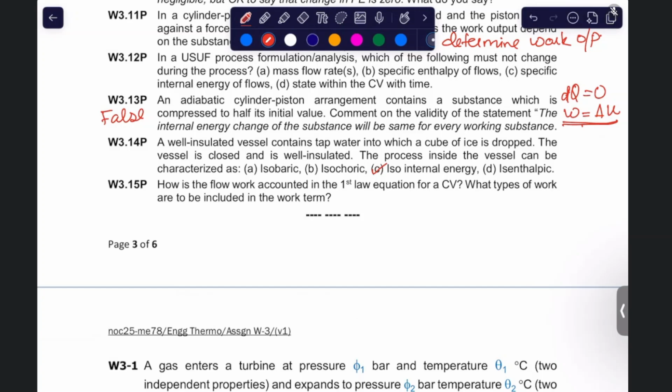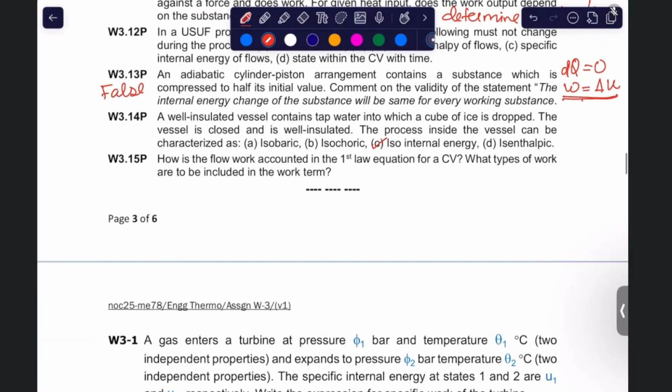Then we have something called isenthalpic. So, isenthalpic process. When ice is melting and when ice is warming, then it is not necessarily isenthalpic. Okay. So, enthalpy change can happen with phase change.